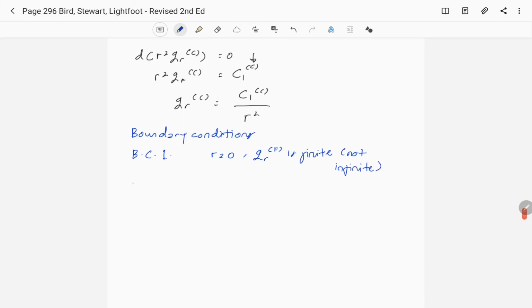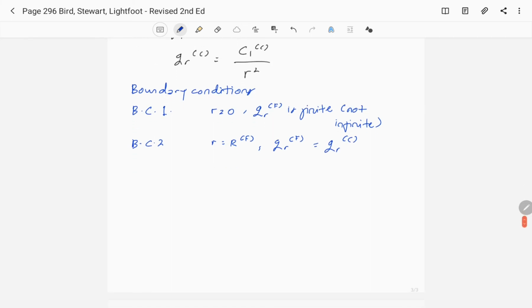BC2 will be at r equal r_f, the radius of your inner sphere or the fissionable material, q_rf is equal to q_rc.